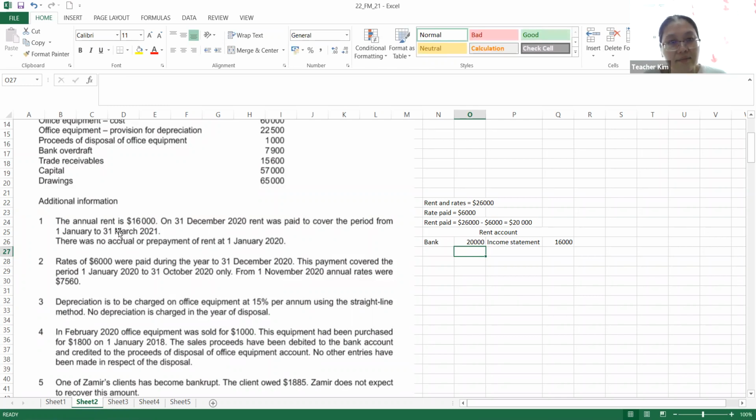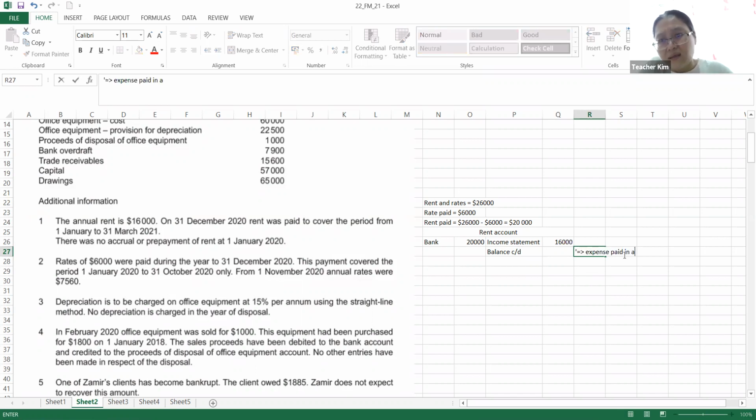Okay, now next is this amount paid. Here the balance, because no opening, so this amount that we pay is the asset, we pay for next year. This information, they say, paid on this 31st December 2020, this amount paid covers the period 1st Jan. This is for the next financial year. Next financial year paid in advance. So expenses paid in advance.